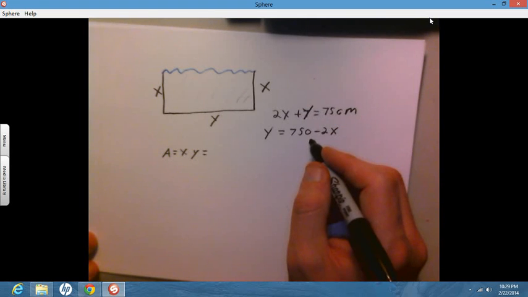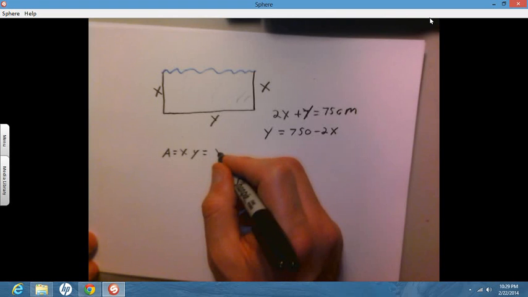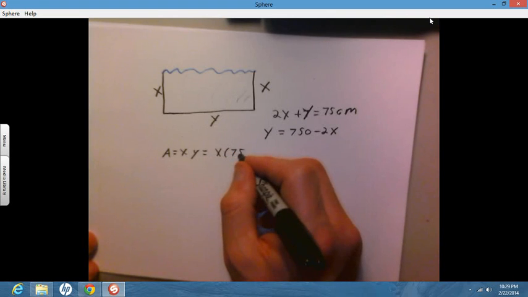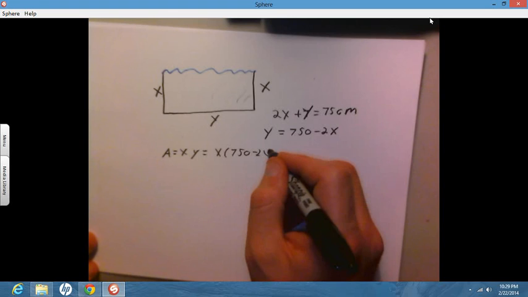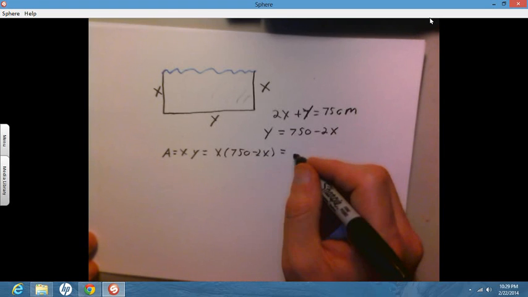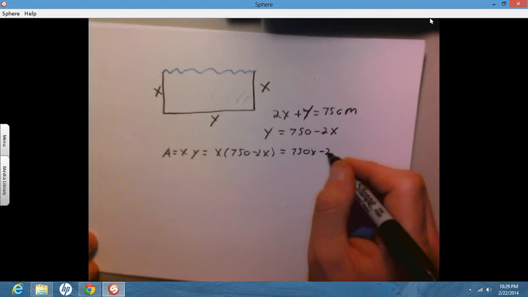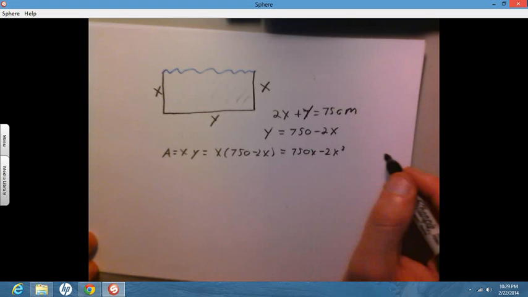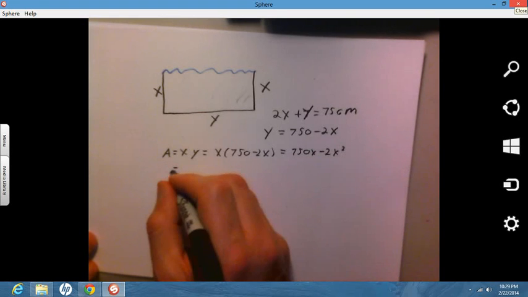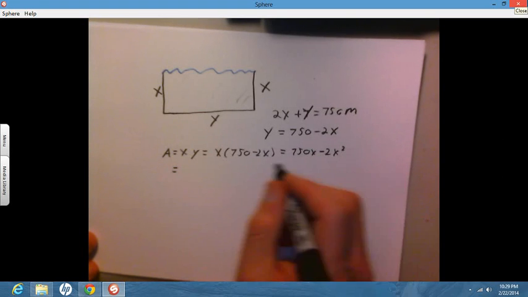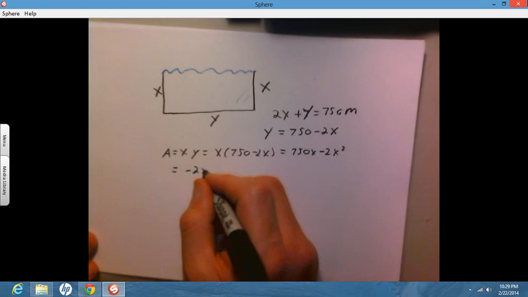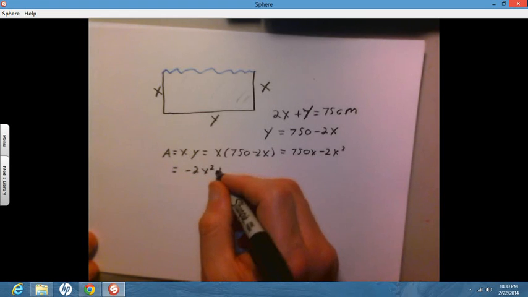So this is equal to x times 750 minus 2x, which is 750x minus 2x squared, and just rearranging these terms, negative 2x squared plus 750x.